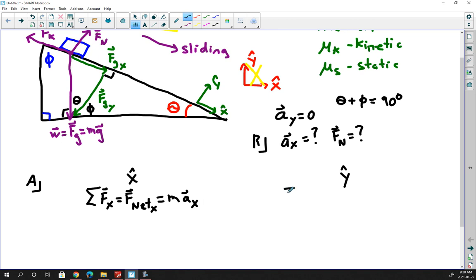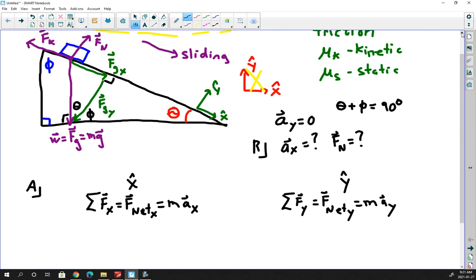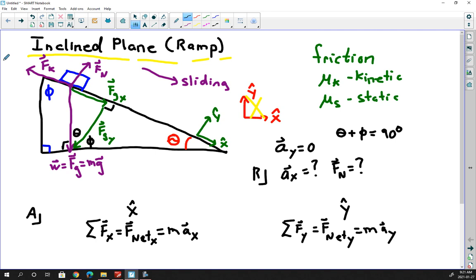And over here, sum of all forces, their y component, is equal to F net y component, which is equal to mass times acceleration in the y direction. So we got required, we got analysis, so I really should write G here. G for given.